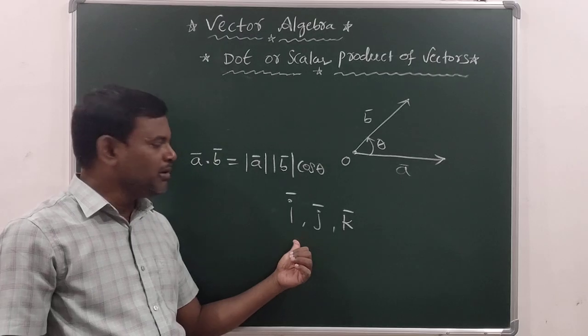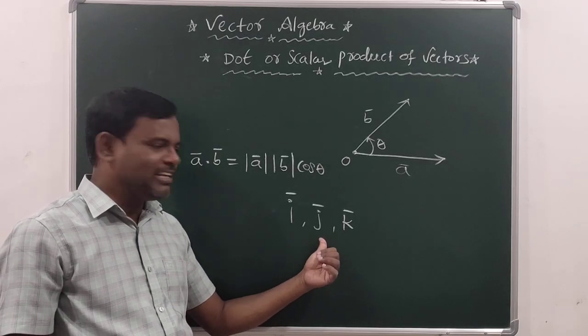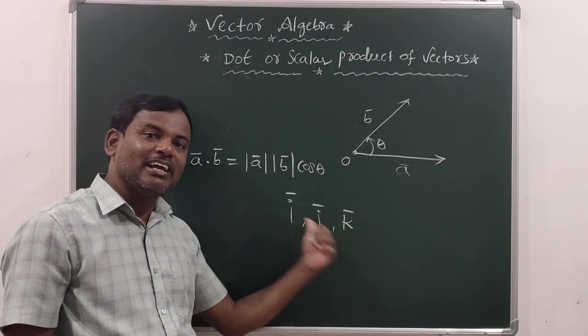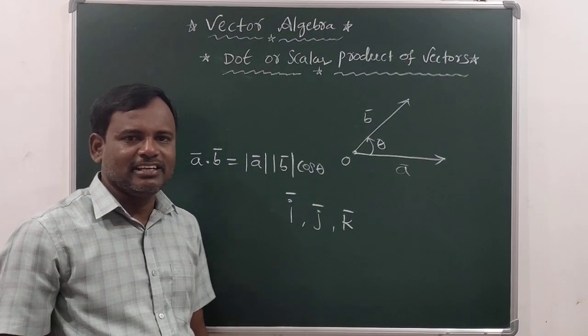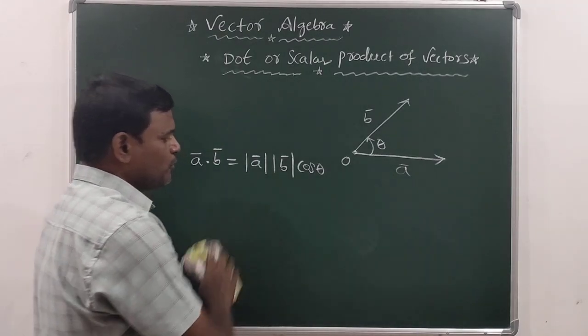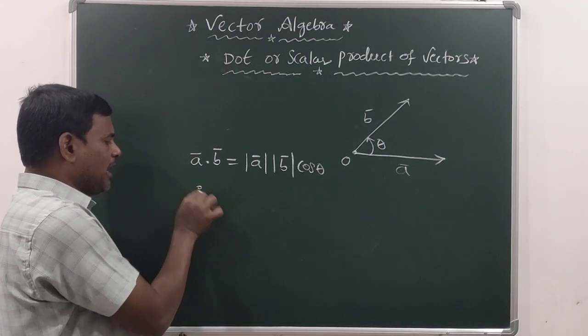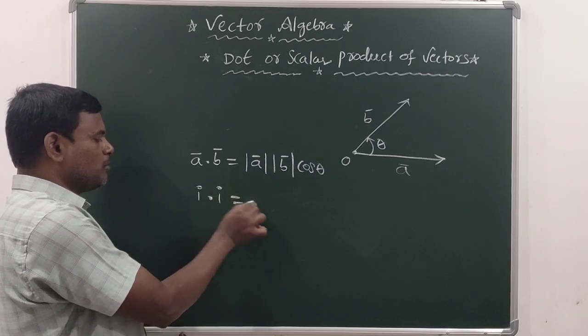So you know, the angle between i and j is 90 degrees, j and k is 90 degrees, and i and k is 90 degrees. See, suppose you would like to find i dot i, how much is this result?